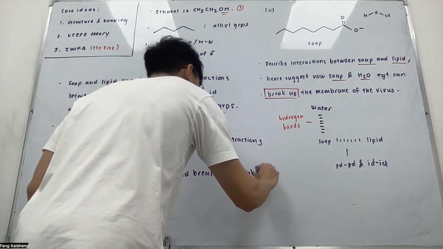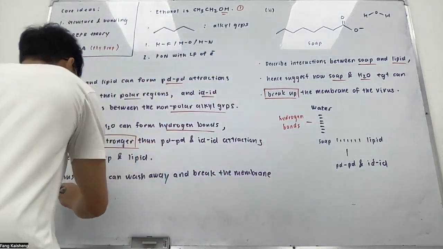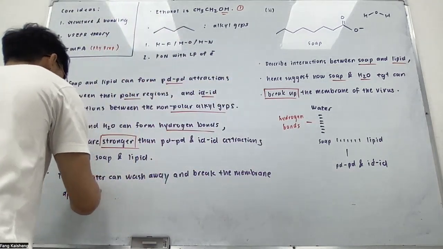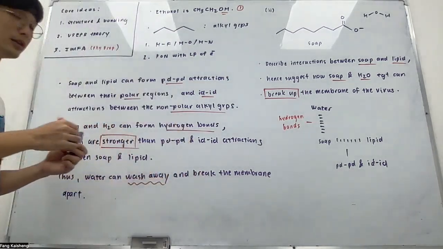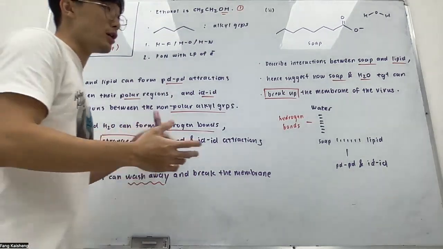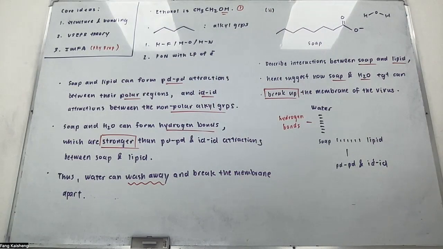Even if you don't really know how to phrase your answer, at least paraphrase the context a little bit. The words wash away are a keyword in this question. You want to wash it away, you want to break it apart. That's also part of the answer.